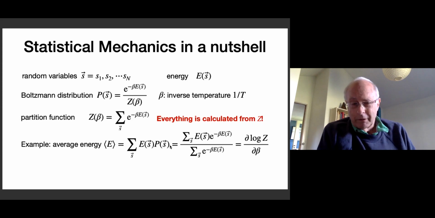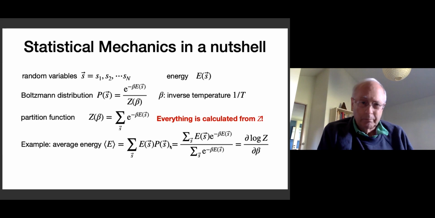So here's a sort of trivial example, which is a completely general one. Suppose you want to know the average value of this energy. Well, that would be the sum over all the S's, a multidimensional sum, over the energy for that configuration times the probability of that configuration, right?